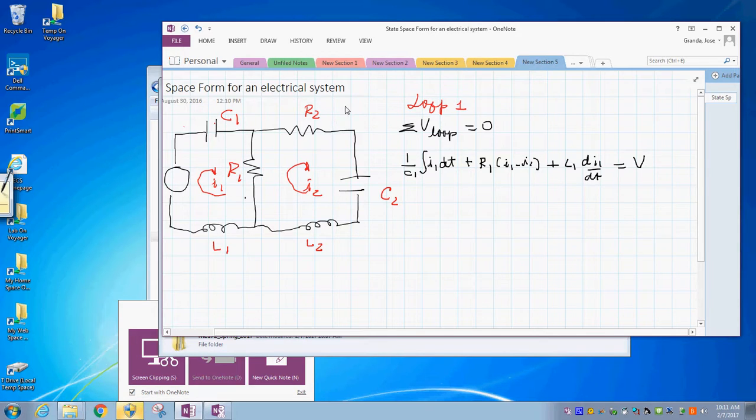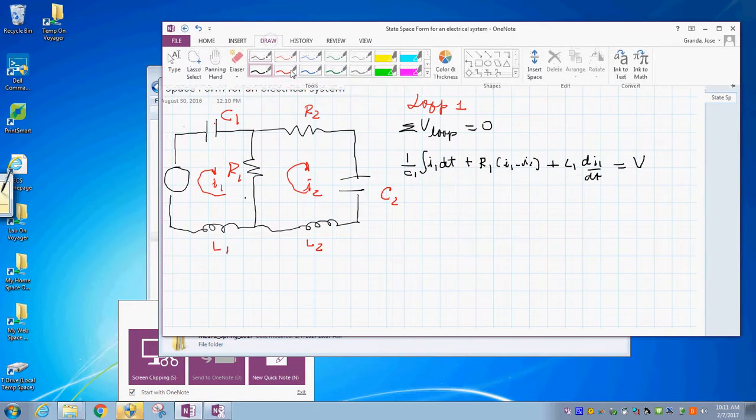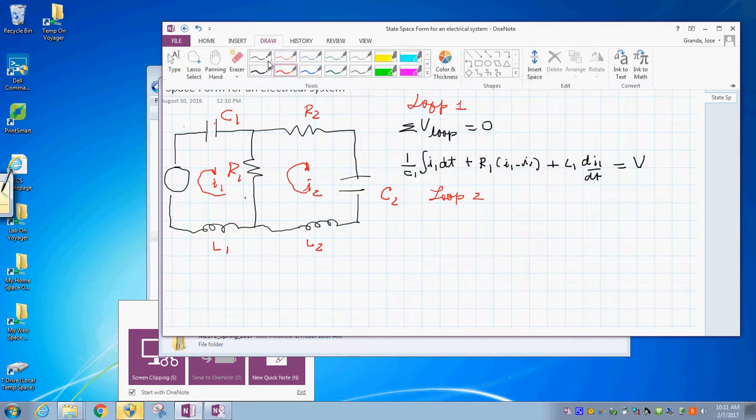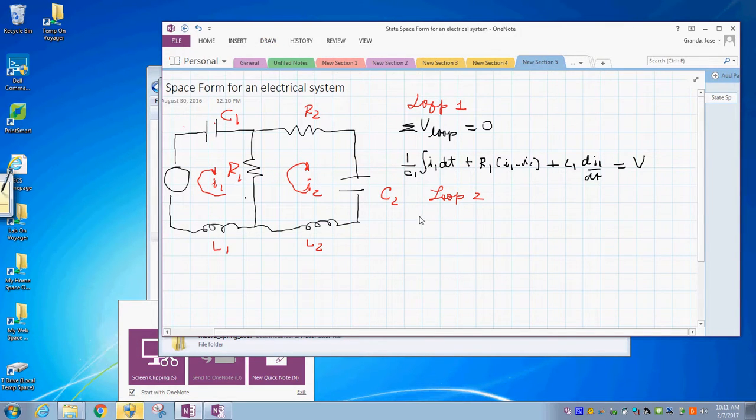On the second loop, we need to write down loop 2, and here we also have to say consistently that the summation of the voltages on loop 2 should be 0.